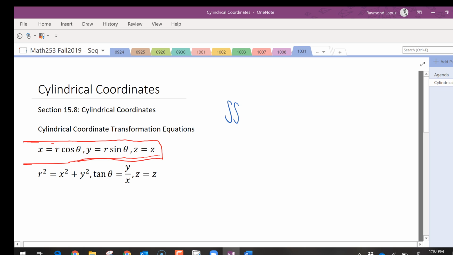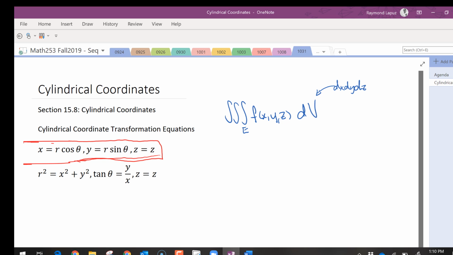So we have our typical integral where we have a dV, and the dV is like dx, dy, dz in whatever order might be given to you. If we're going to change this into cylindrical coordinates, we need to change our dV into something else. And for that, let's figure out the Jacobian.